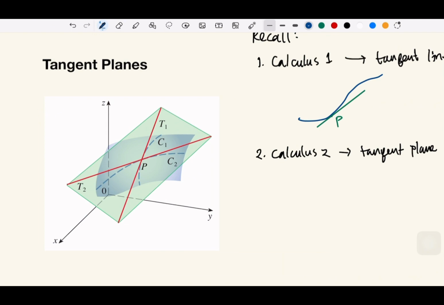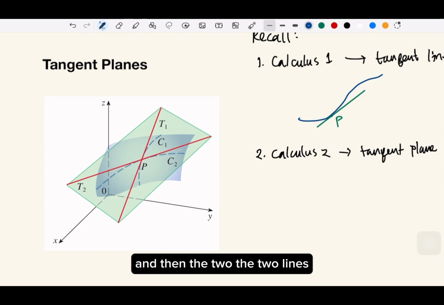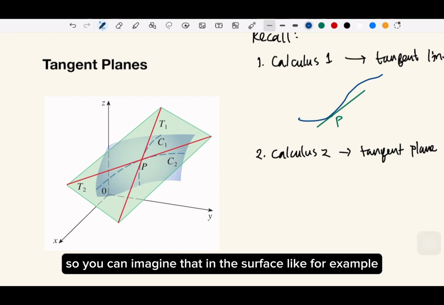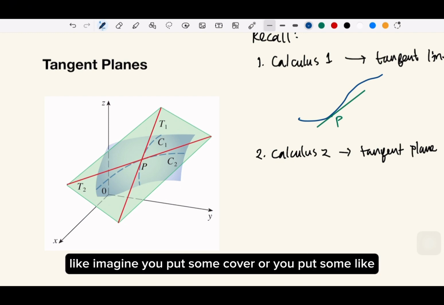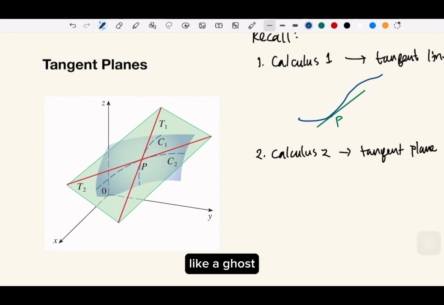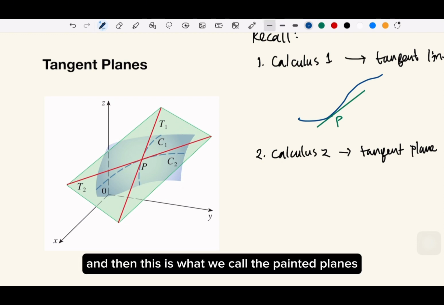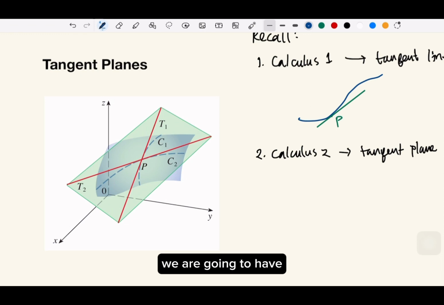Okay? And then these two lines, if we draw them perfectly, will make a plane. So you can imagine that on the surface you put some cover or some book, and this is what we call the tangent plane. Okay? So with two variables, a function of x and y, we are going to have a plane.